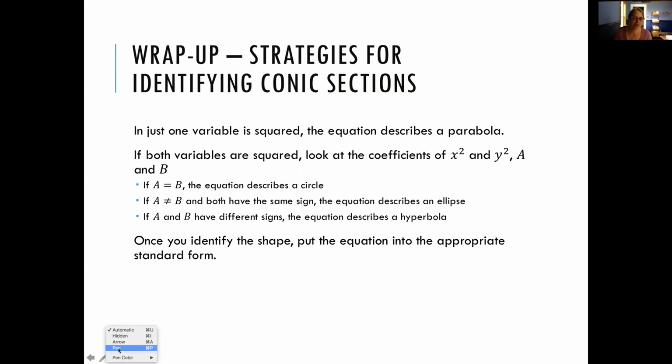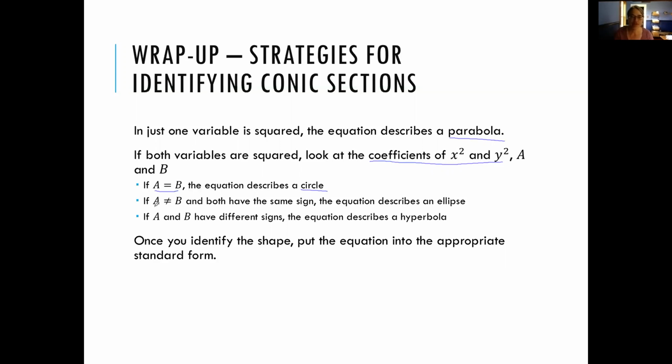If only one variable is squared, you've got a parabola. If both variables are squared, look at the coefficients of x squared and y squared. We're going to call those capital A and capital B for this conversation. If those two coefficients are equal, you have a circle.